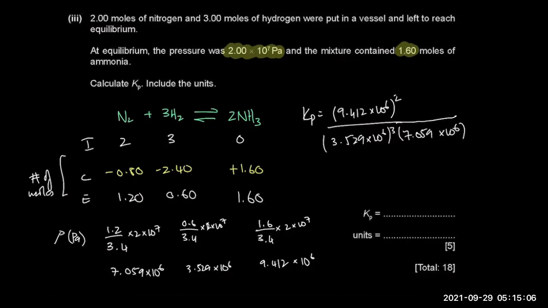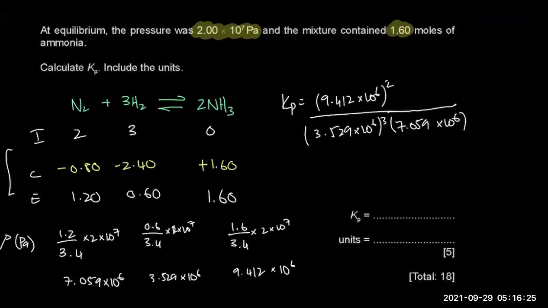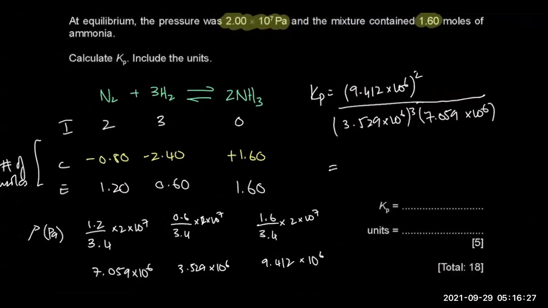That should be 2.86, into 10 to the power of what? What are you getting? What units are you getting? -13. And what will the units be? Pascal squared over Pascal to the power of 4. No, Pascal to the -2. Pascal squared divided by Pascal to the 4.